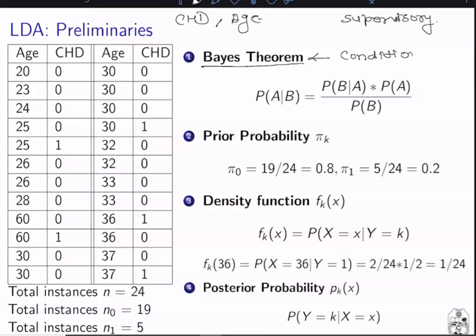A conditional probability helps us determine the probability of a random event when certain evidence is available. Here the probability of a random event A, when evidence B is available, is equal to the conditional probability of B given A times the probability of A, divided by the probability of B. So this is the Bayes theorem in general. We are going to make use of this Bayes theorem in our LDA.